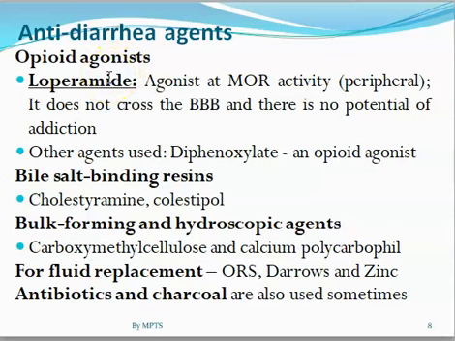Are you getting it? Loperamide is a weak opioid. It acts on those receptors, causing constipation, decreasing GIT motility. It doesn't cross the blood-brain barrier, and there's no potential for addiction. Other agents include diphenoxylate, which is also a peripheral opioid agonist.